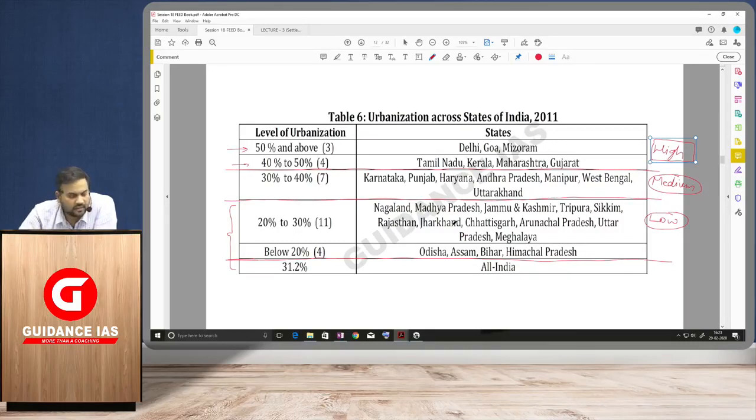This low category of states have not been able to attract investment. As a result, in these states migration is mainly what? Out-migration, out of these states. And where is it going? It is going towards the first two categories of states. ठीक है. So overall, we find that in them the urbanization levels are low. Rural growth outshadows the urbanization growth.